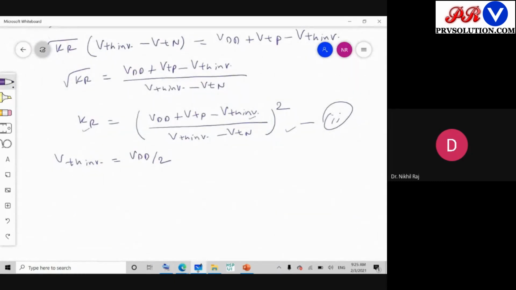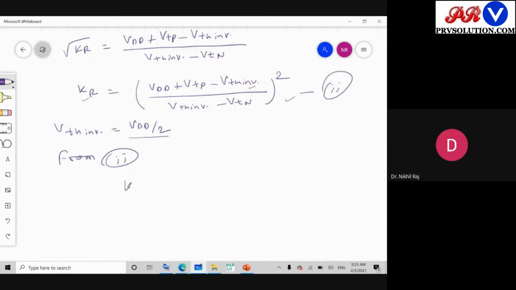So we know this is my requirement, and if I substitute in equation 2, what should KR be now? KR should be equal to (VDD/2 + VTP) divided by (VDD/2 - VTn) whole square.